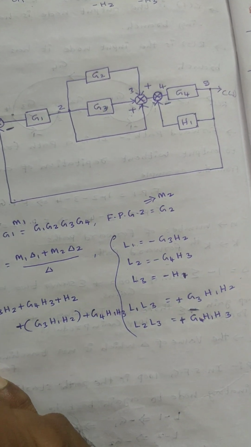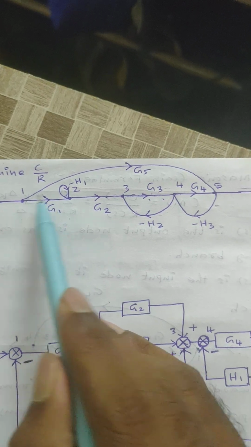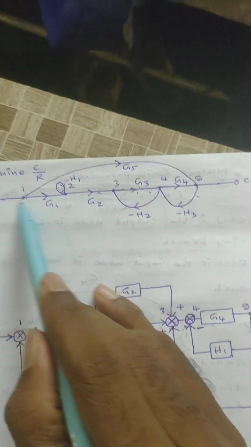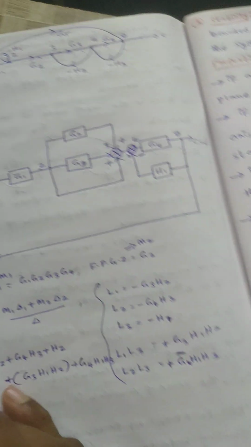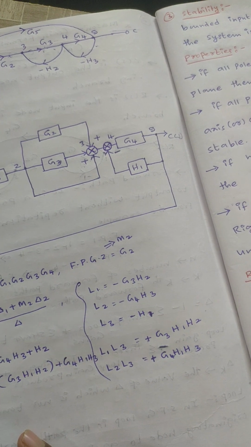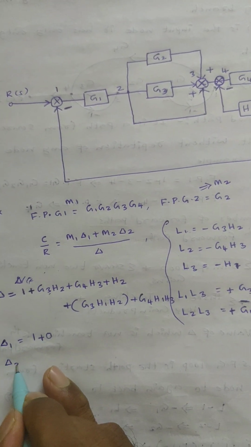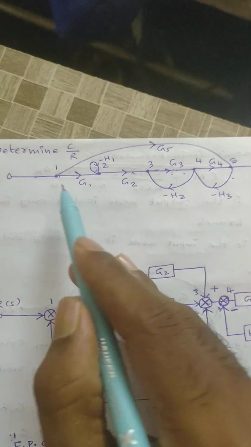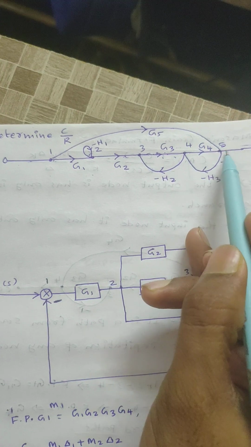Delta 1 value, see here, what is the first forward path? G1, G2, G3, G4. This forward path is touching all loops. That means the delta 1 value is 1 plus, since it is touching, all these values will be 0. Next, delta 2 value is nothing but for the forward path 2 which is not touching loops.